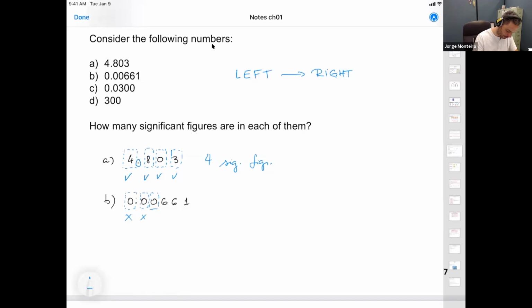Another 0, not going to be counted. Finally, our first digit that's a non-zero is 6. So we are going to start counting from there. Another 6, also significant, and 1, also significant. Okay, so therefore we have 3 sig figs.